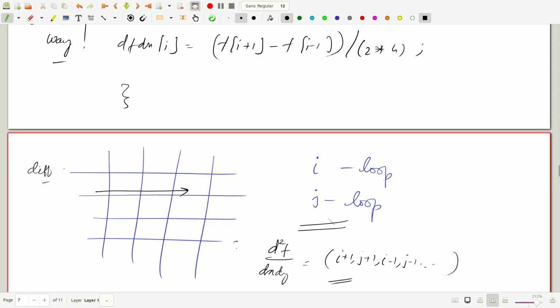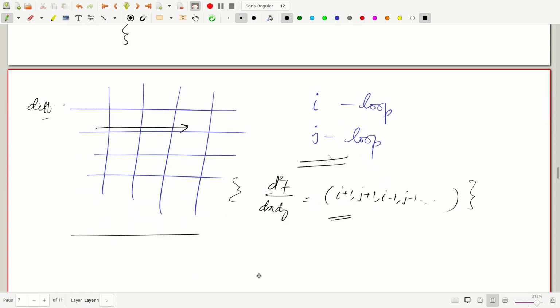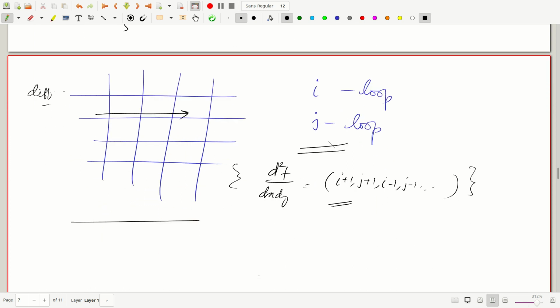If you try to do it in both ways, I think it is even possible for that as well. If you have cross derivatives, it is possible. All right, so that being said, we finish the discussion on the explicit finite differences.